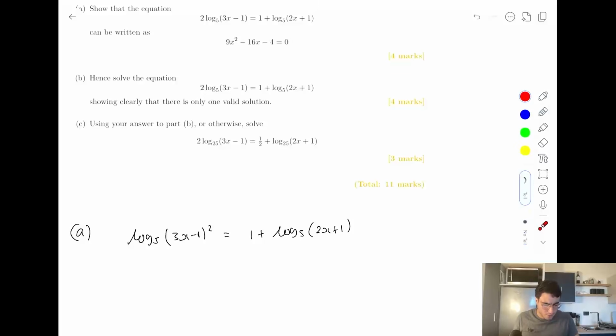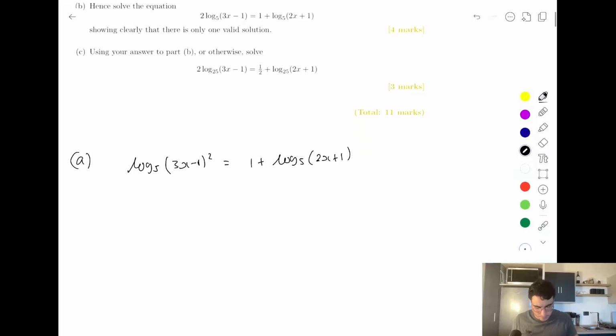What I want is the log 5s on the one end and the 1 on the other. So I'm going to say, well, log 5 (3x minus 1) squared, okay, minus log 5 (2x plus 1) is equal to 1.